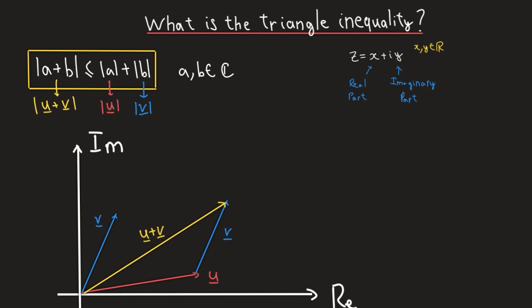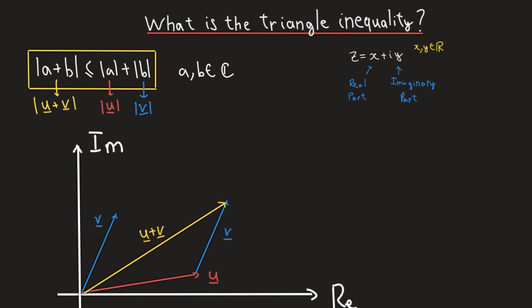And this makes sense because the straight line, so the line that joins the endpoints of the two vectors here, this straight line will always be the shortest distance in a plane. And therefore, the length, so the magnitude of this vector over here, will always be shorter or equal to the length of the first vector plus the length of the second vector. And there is only equality here if we have a sort of flat triangle.